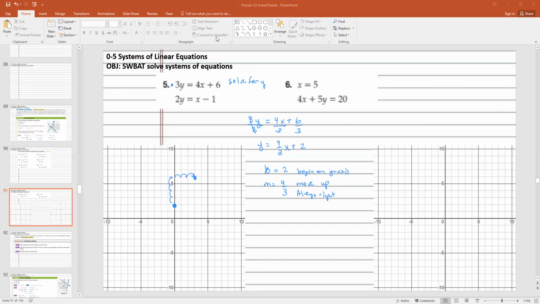And there you go. And if you ever want to see when to move left, just let me know. There you go.